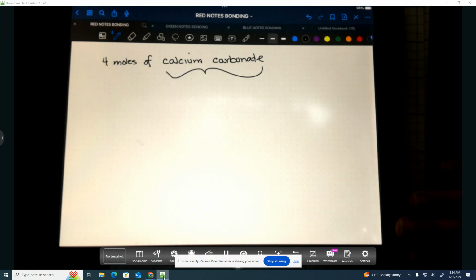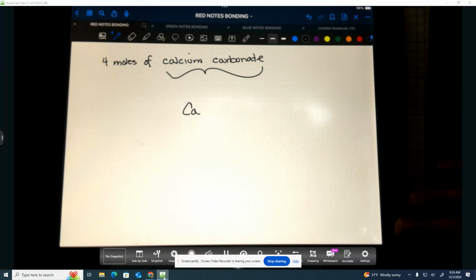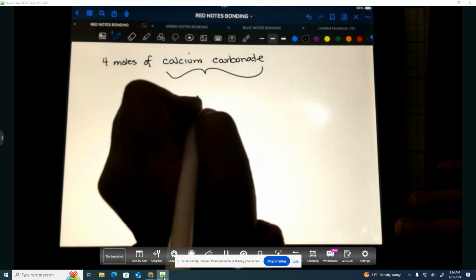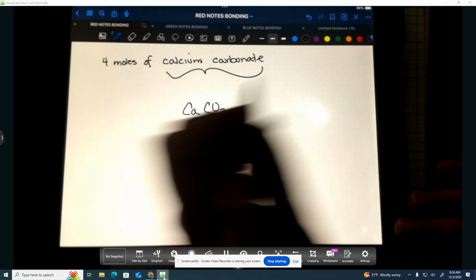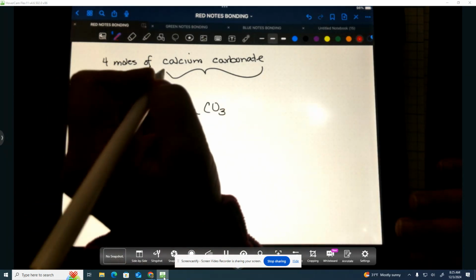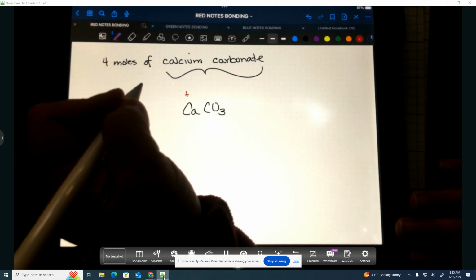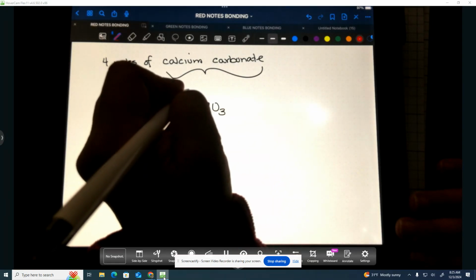How do you write calcium carbonate as a formula? Ca, CO3. What do I have to do to those Ca and the CO3? Put the charges in.